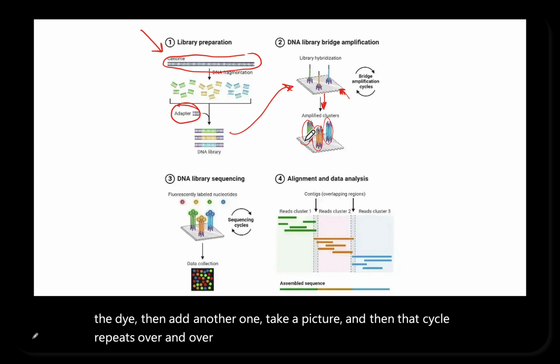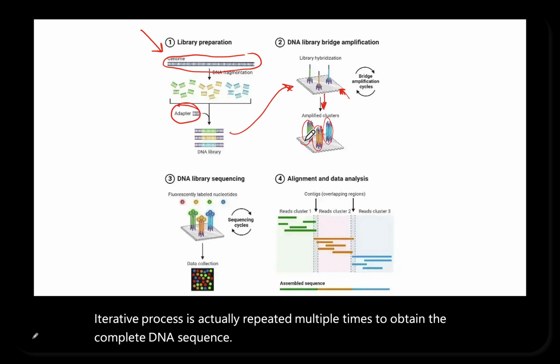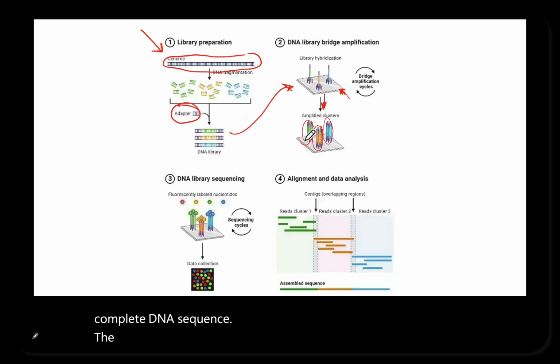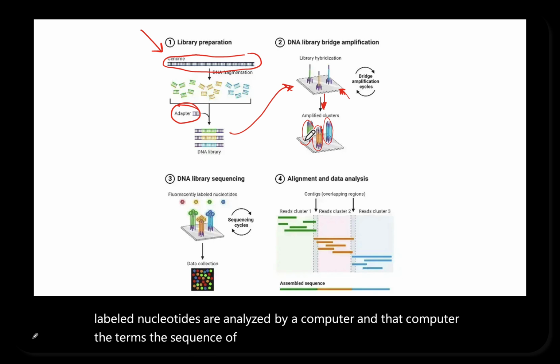Okay, so this iterative process is repeated multiple times to obtain the complete DNA sequence. The images that we obtain from these fluorescently labeled nucleotides are analyzed by a computer, and that computer determines the sequence of the DNA fragments. Essentially, that's how the computer organizes it.